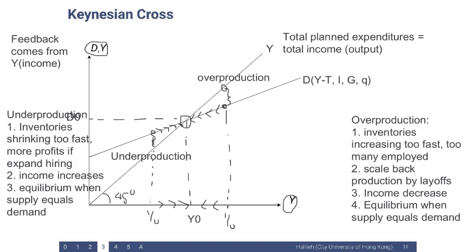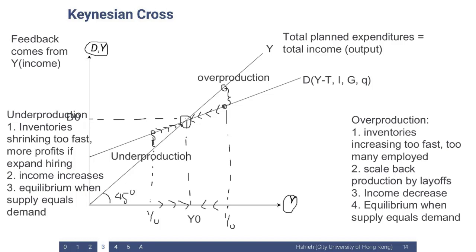So let me write the intuition here. So we have overproduction. So what goes on? This means that inventories are increasing too fast, too many people employed, so they scale back production by laying off people.